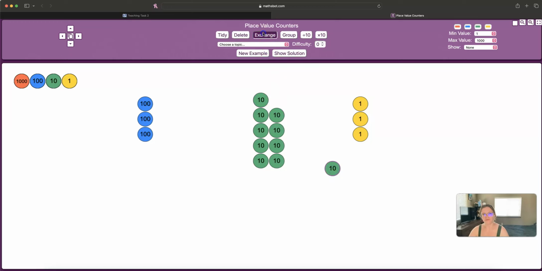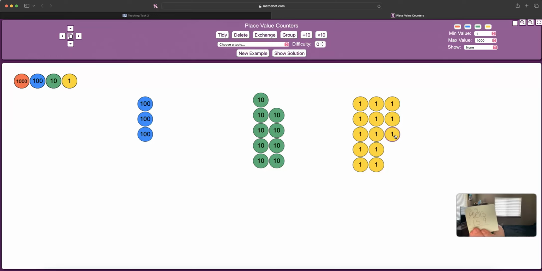So one 10, we're going to exchange it again. 4, 5, 6, 7, 8, 9, 10, 11, 12, 13. So if we took one 10 away, that would leave us with 9 tens, and that would leave us with 13 ones. Now we could take 13 minus 9.